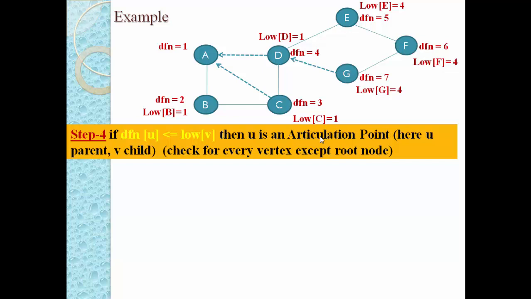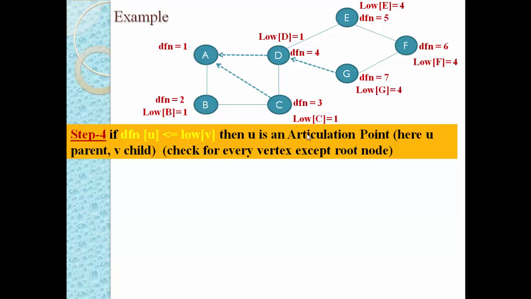In this last step, we can identify articulation points based on this condition. If this condition is true, then we can say U is the articulation point. Here U is the parent node and V is a child node, and we need to check for every vertex of the graph except our root node.